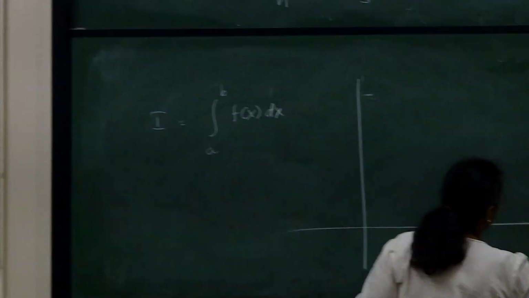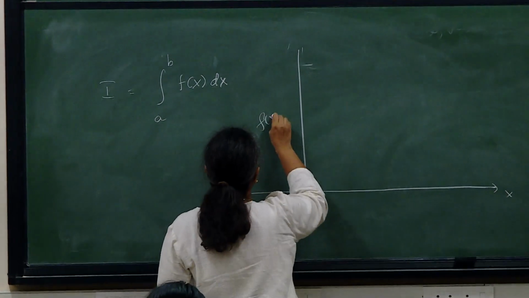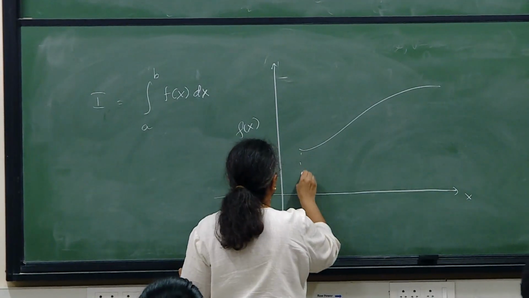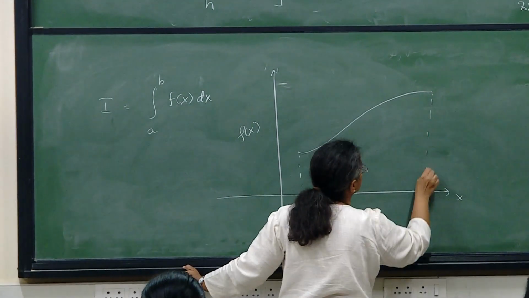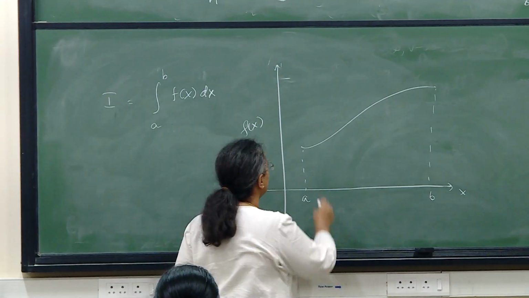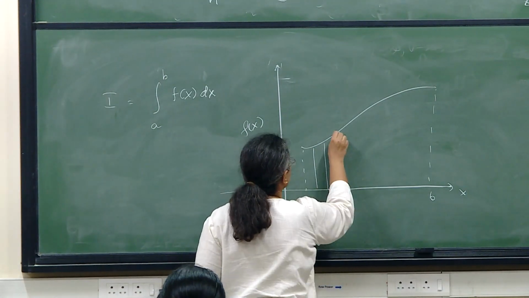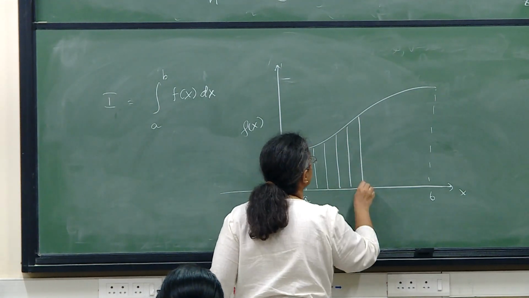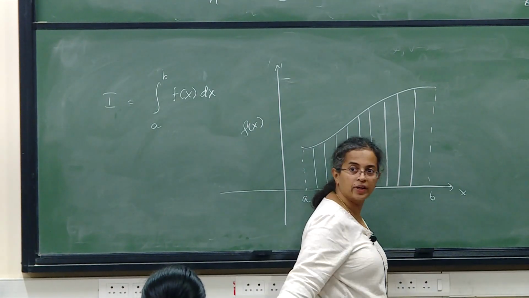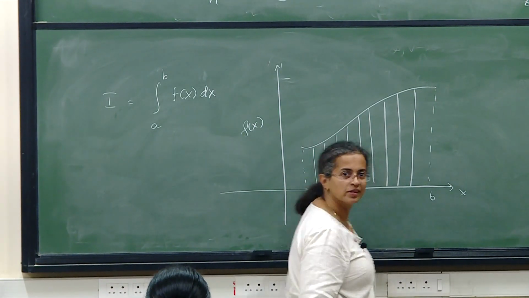So mathematically, I take some function f of x, this is A, this is B. I divide it into some equally spaced intervals. Assume it's all equally spaced.